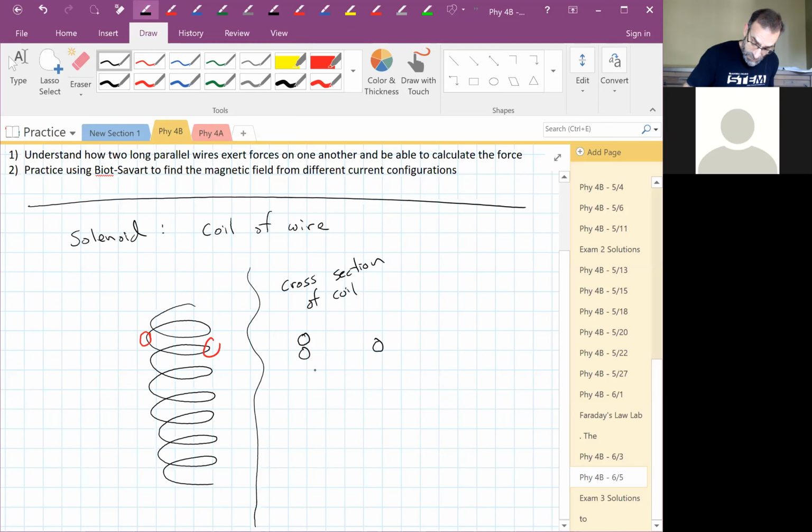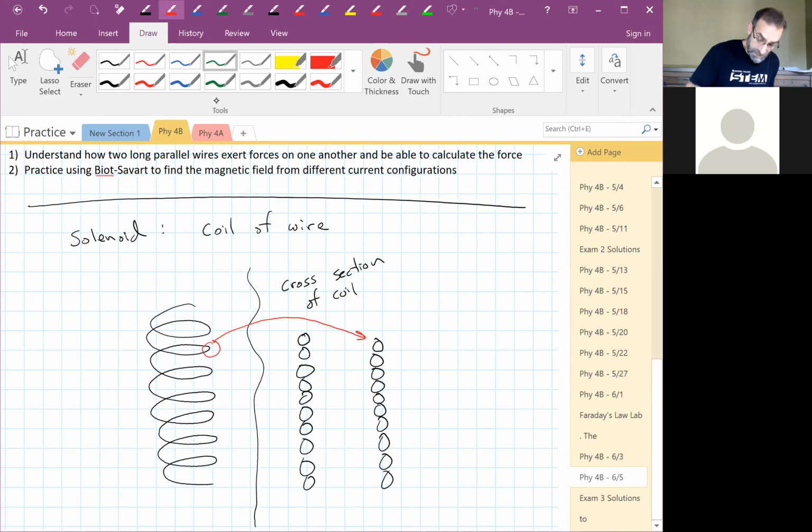I can just keep going down the list here, and all I'm drawing is that cross section. If I cut the solenoid right down the middle, that's what I would see right there.